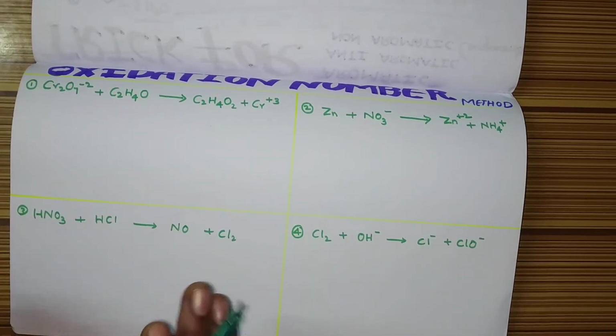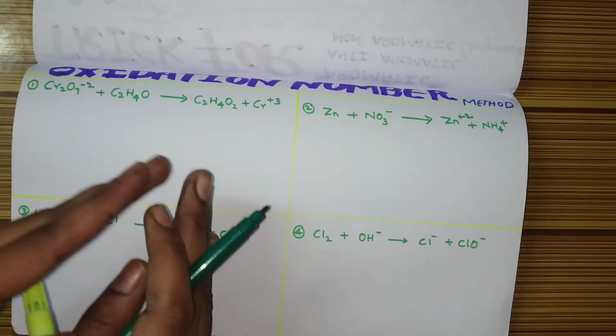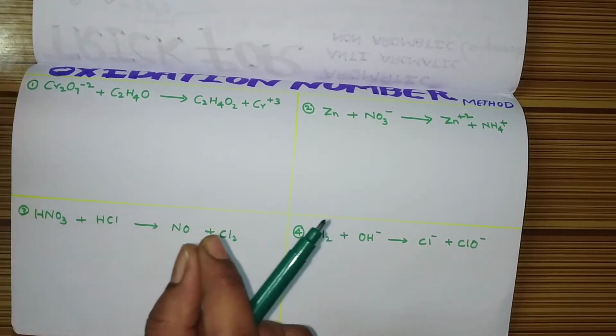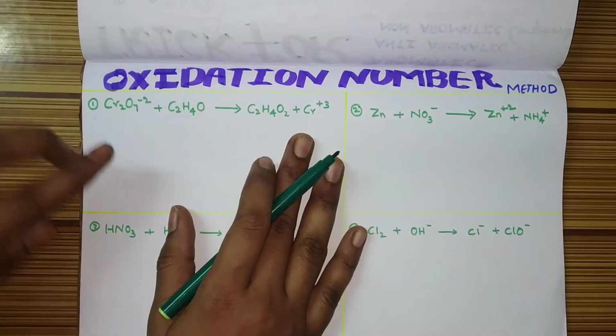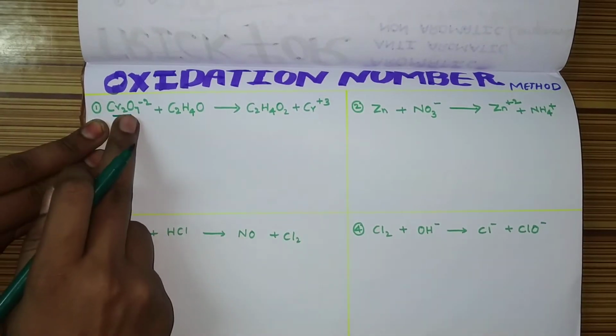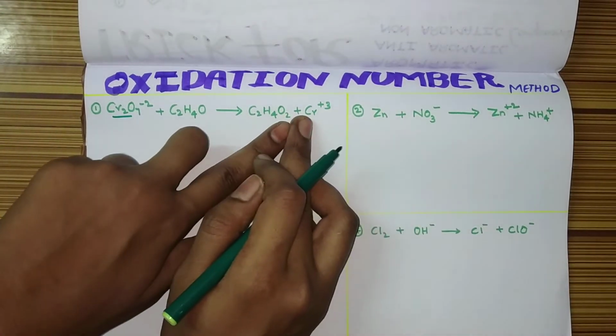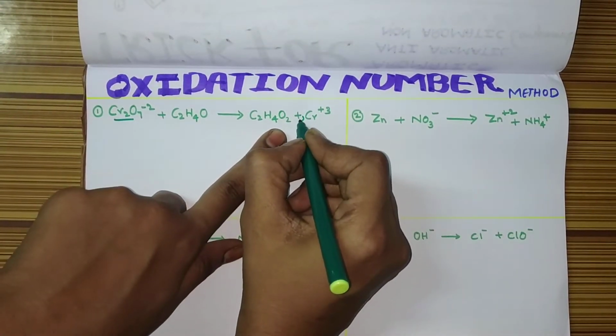In the oxidation number method, first make sure that the atom you are comparing is balanced on both sides. Two chromiums are there, here only one chromium, so multiply this with 2.